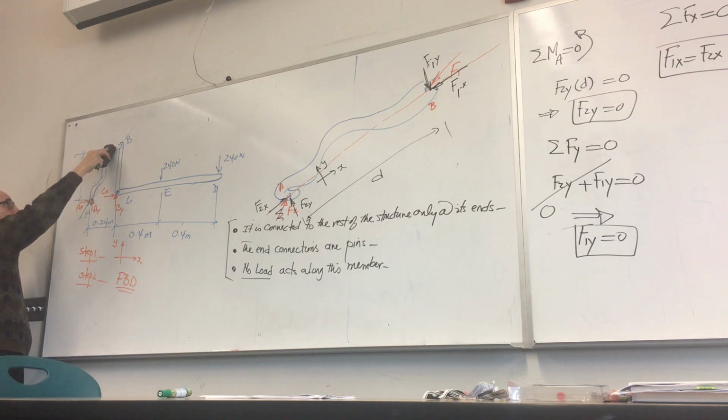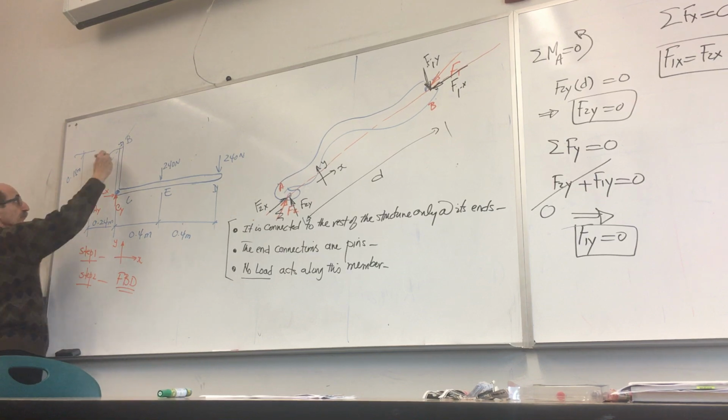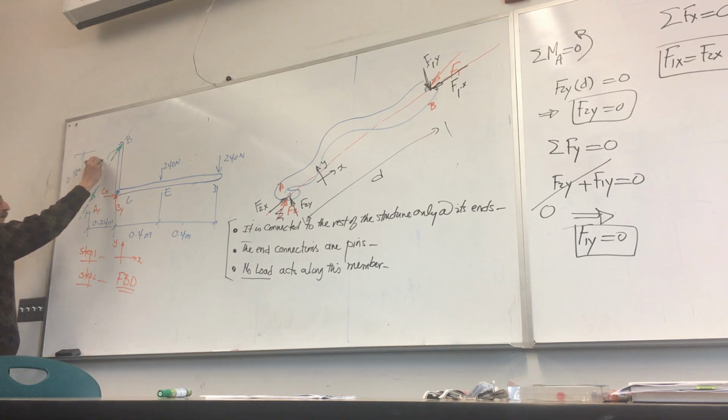That if you remove this, a force that is acting like this and like this here, and they're both equal. FB. Okay? So that structure is only subjected to three unknowns.